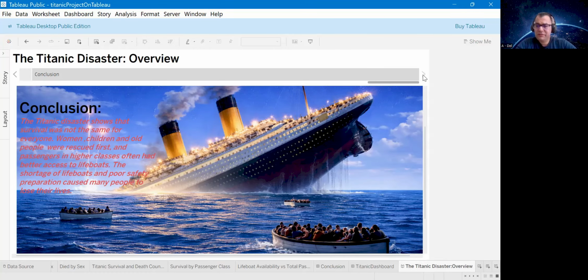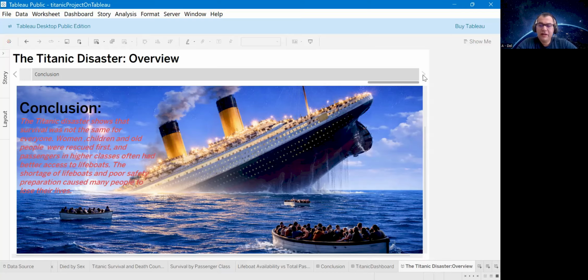In conclusion, this project shows how data analysis can help us better understand historical events. The Titanic disaster demonstrates that survival was influenced by several factors, including gender, class, age, and access to lifeboats.